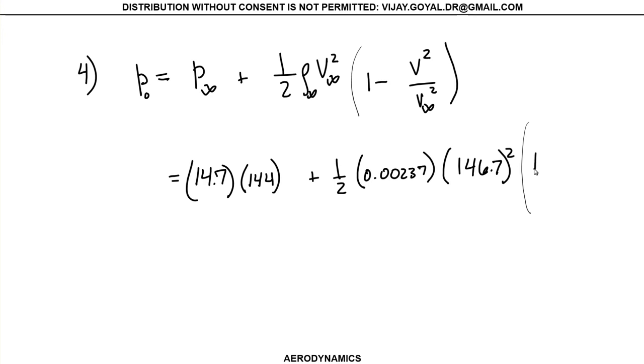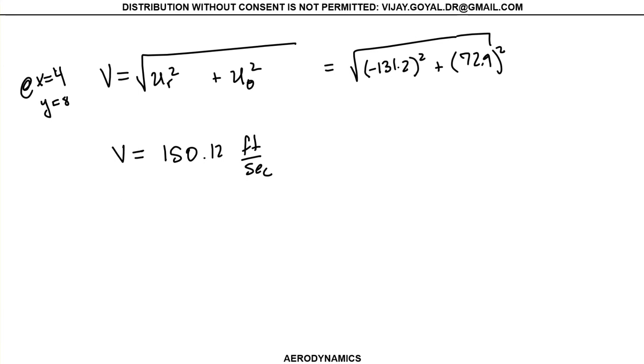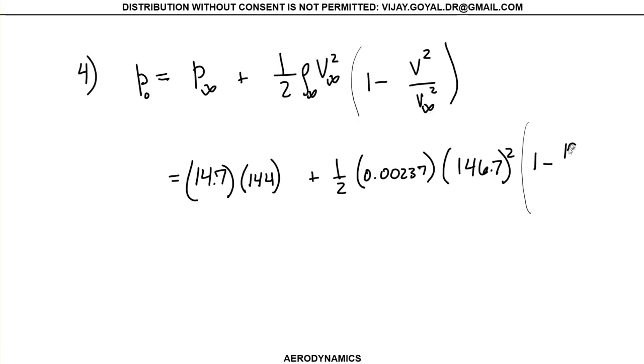That would be 1 minus the velocity we found here, 150.2 divided by 146.7. All this is squared.